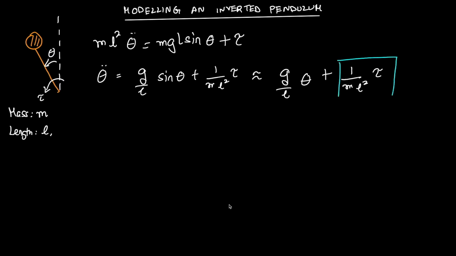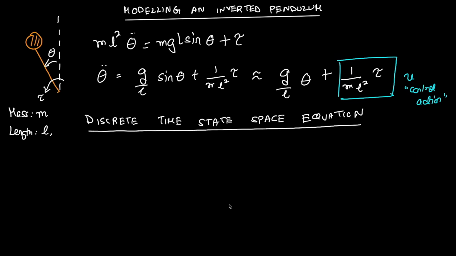Finally, assuming small angles, we get a set of linear second-order differential equations. Now for convenience, we're going to call tau over mL squared our control actions u. Since we're computer scientists, we're going to code this up in discrete time by integrating the differential equations over delta t.